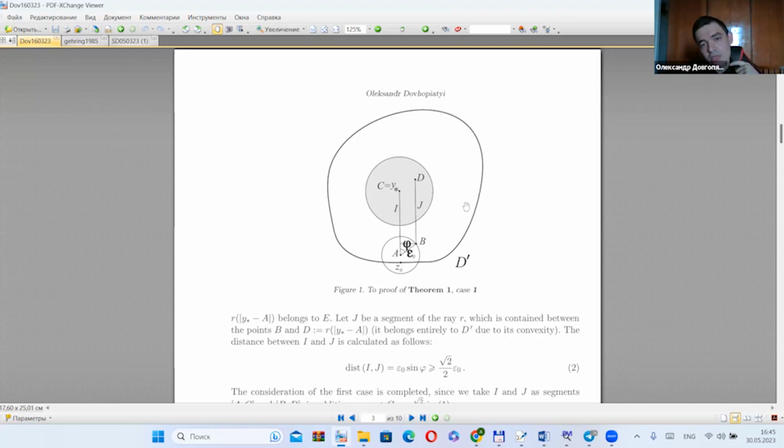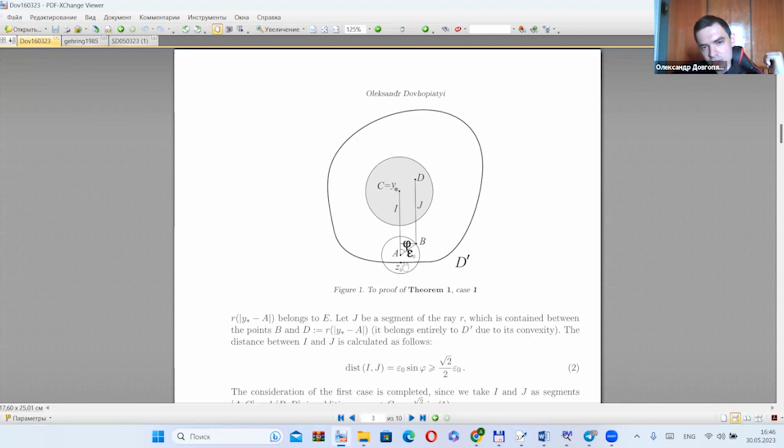After that, we need to estimate the distance between segments AC and BD, and it's very easy to do, for example, from this triangle. Going further, we will denote the distance between points A and B as epsilon 0.